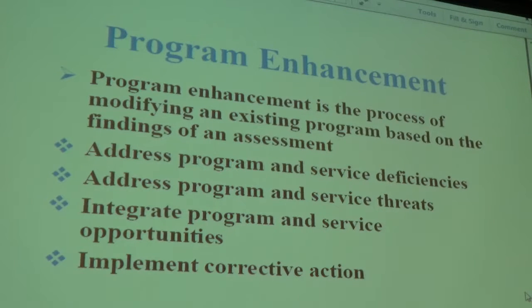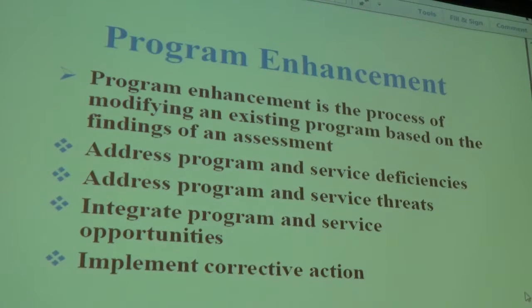You address the service, program and service threats. In terms of assignment number 2, is there a threat to grants? Is there a threat to obtaining intergovernmental revenue? Is there a threat with respect to the personnel, human resources, not generating a sufficient amount of revenue?